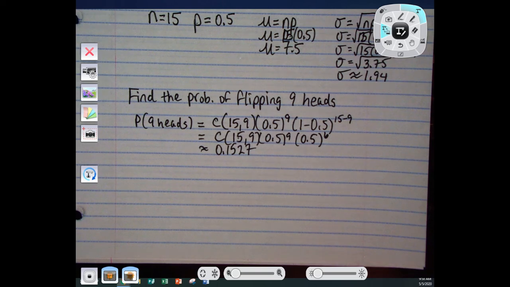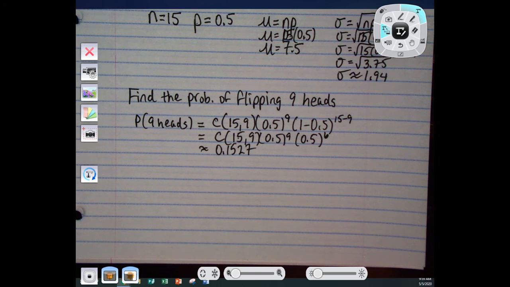Now, here's the interesting thing. As we start to graph this probability distribution for this given situation, we create the histogram. The one thing you'll notice about the histogram is that the curve of the histogram starts to become more and more normal. And that occurs when you have a large value of n.